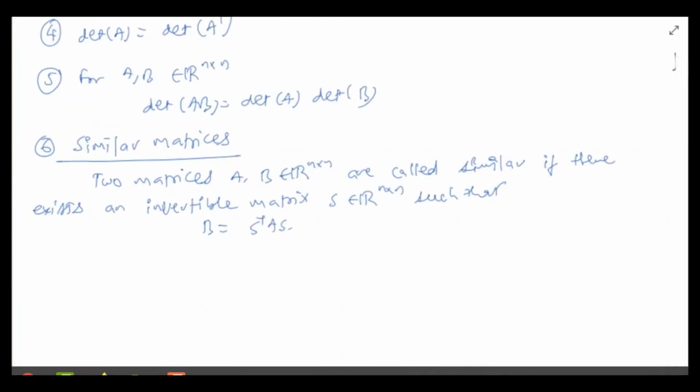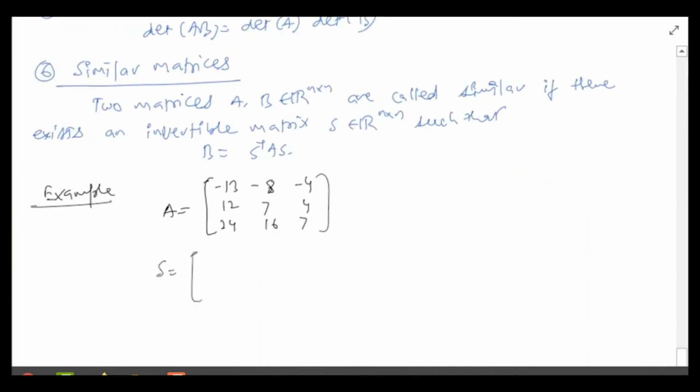Let's see an example to illustrate what I mean. Let's say that A is this 3 by 3 matrix with entries minus 13, minus 8, minus 4, 12, 17, 12, 7, 4, 24, 16, 7. And say S is 1, 1, 2, minus 2, minus 1, minus 3, 1, minus 2, 0.